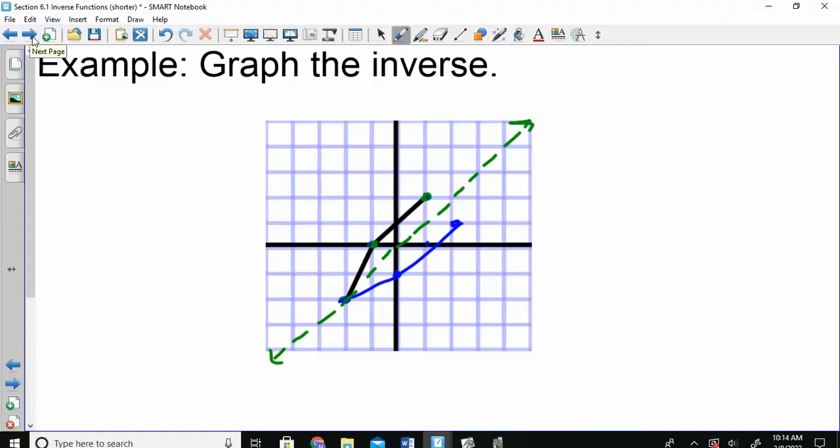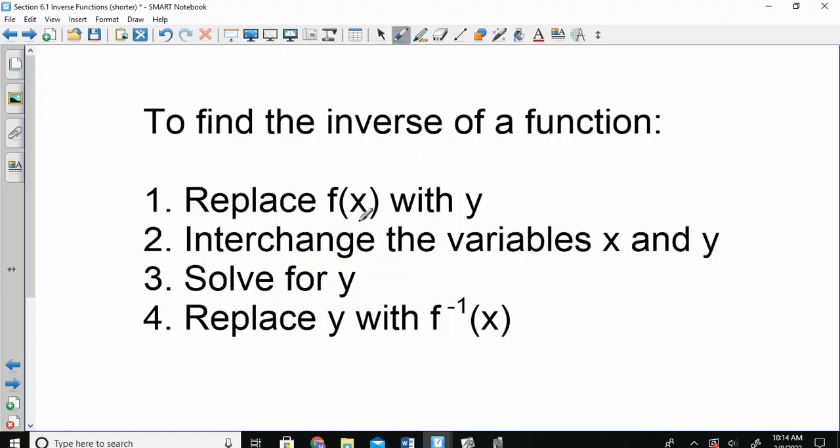So, when we find an inverse, for getting the equation, the first thing we will have to do is, if it's written in function notation, we'll change f of x to a y, so that we're looking at an x and a y in our equation. And what an inverse does is it flips the x and the y. So that's the second thing. We'll flip our x and y.